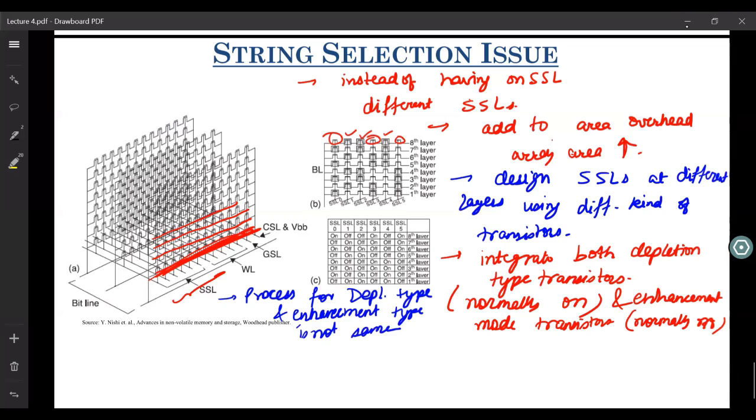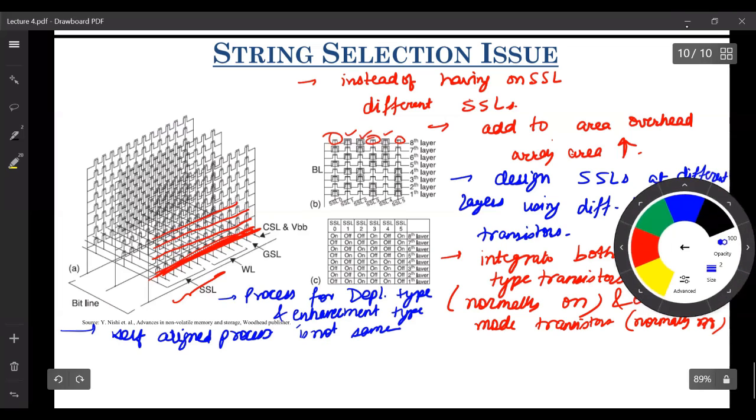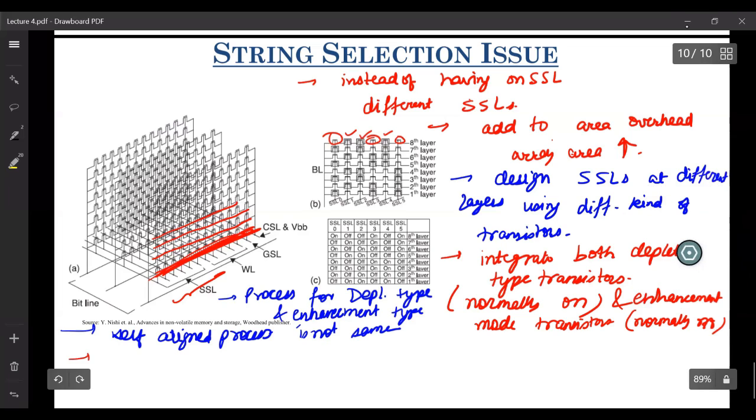Because of this, they cannot fabricate this at once using a self-aligned process. So achieving two different types of transistors on the same layer is very difficult, and this is what makes the process very complex. It's a complex process, and it also increases the area overhead.